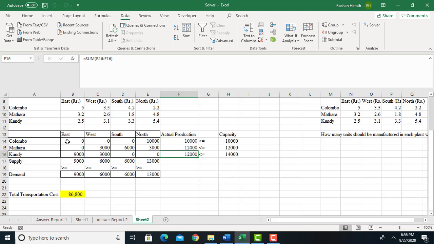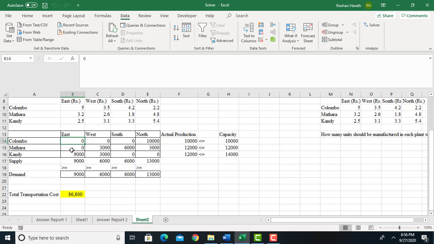You can see that from Colombo, the entire 10,000 was sent to the north, which gives you a cost saving. From Mathura, you have sent 3,000 to west, 6,000 to south, and another 3,000 to north. So therefore you have utilized the Mathura capacity to its fullest.